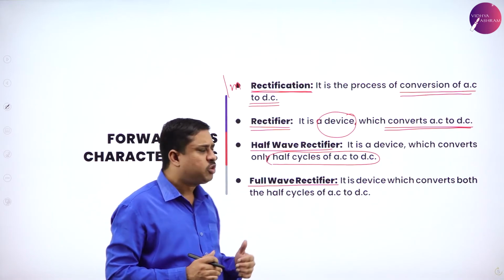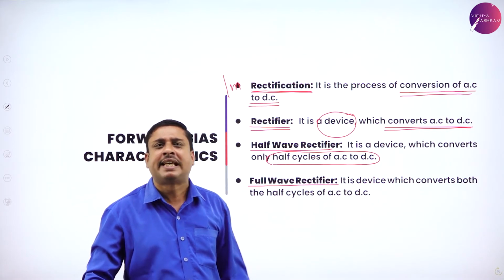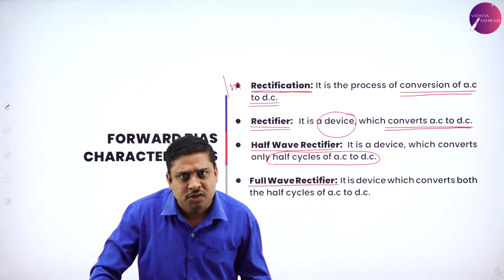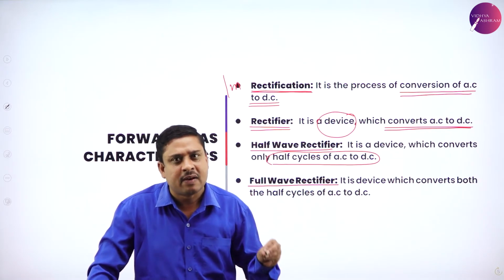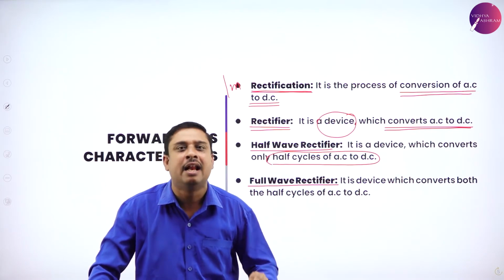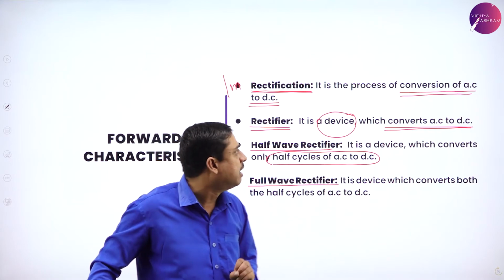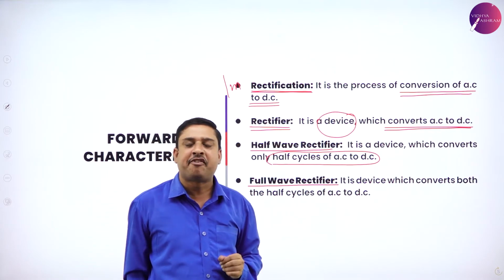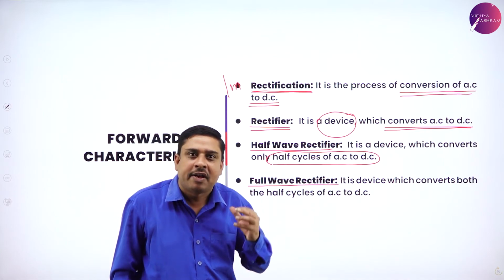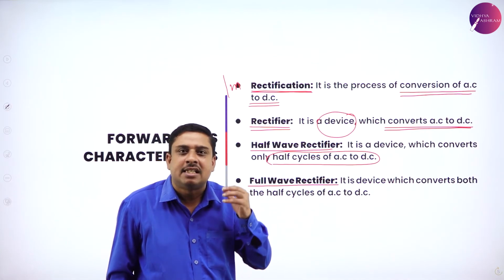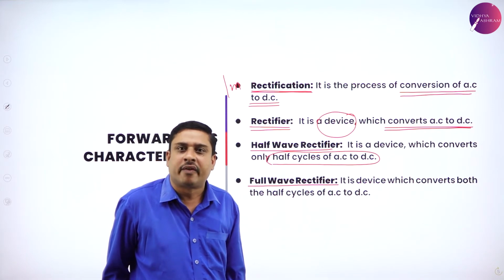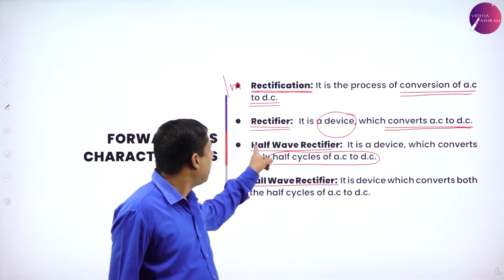So, what is rectification, students? It is a process of converting an AC signal into DC signal. What is a rectifier? A device which converts an AC signal to DC is called a rectifier.